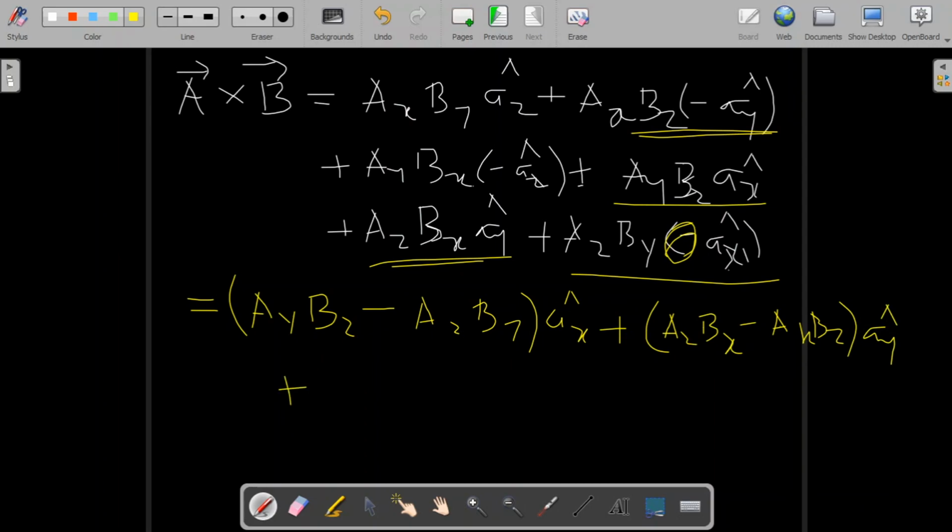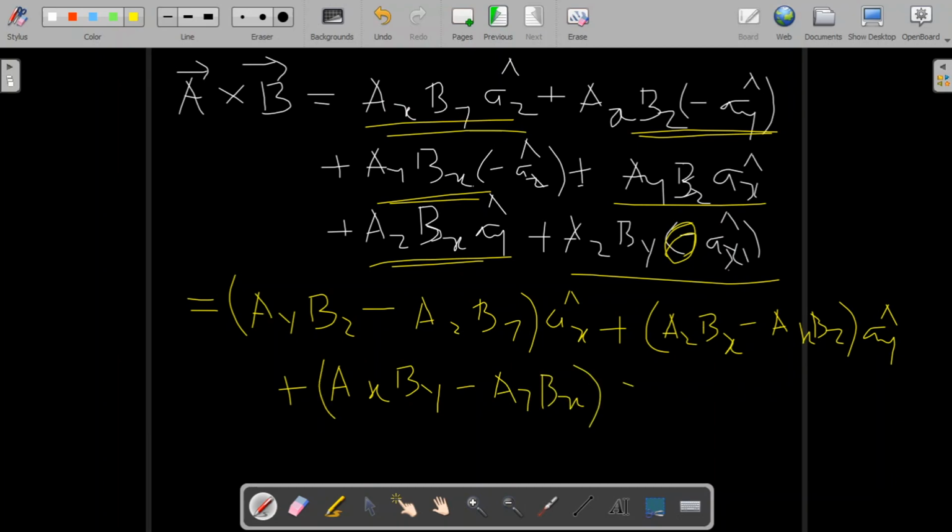Plus now the remaining two terms, the az cap terms. Positive term first, ax by minus ay bx, az cap is common. This is clear? So this is my expression for A cross B.